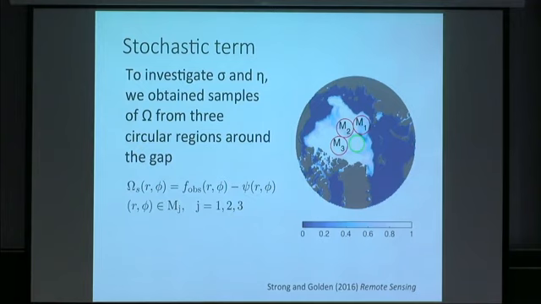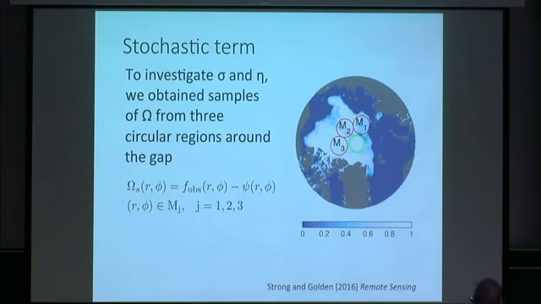So that sample is defined as the observed concentration field minus the solution to Laplace's equation inside that circle. And because we know the actual concentration, differencing them gives us a look at, or sample of, this stochastic function. And so we do that for each of the regions, M sub j for j equals 1, 2, 3, for each of the days of the year.